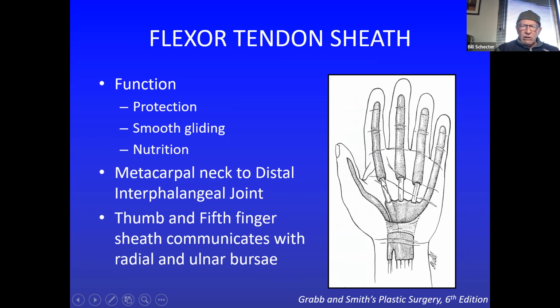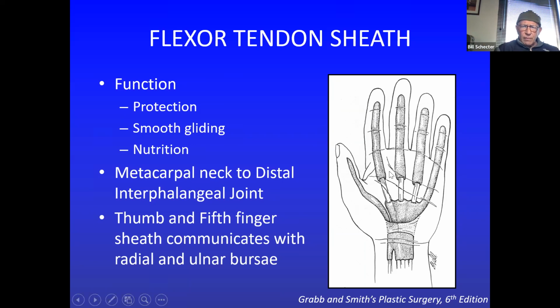There's synovium inside, which provides a smooth gliding surface, and the tendons have a vinculum, which we talked about in our anatomy lesson, which is basically like the mesentery of the intestine. The vinculum carries the blood supply to the tendon.